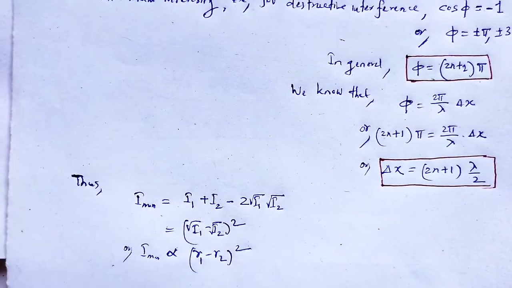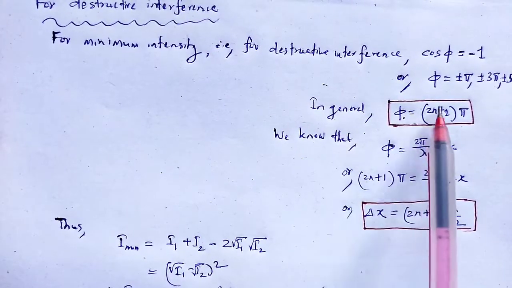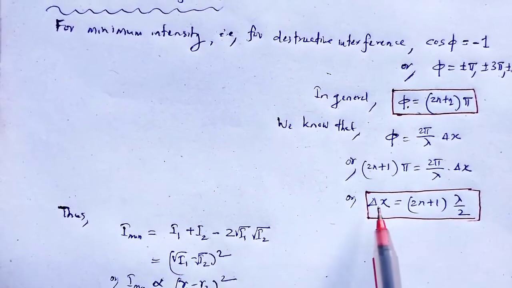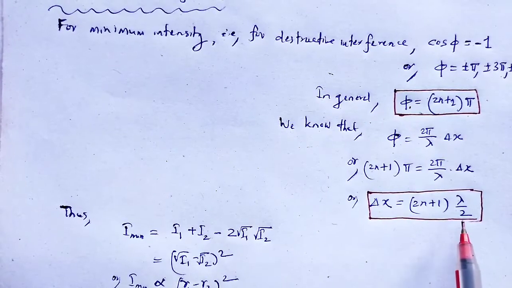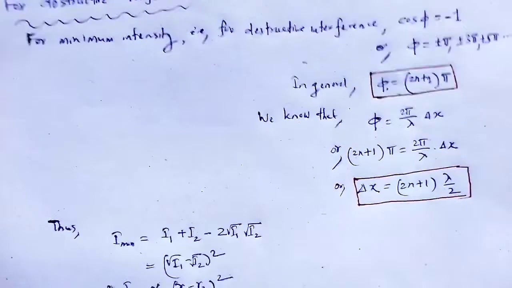What we observe from this destructive condition: if the phase difference is an odd multiple of π, or the path difference is an odd multiple of λ by 2, that will be the condition for minima or destructive interference.